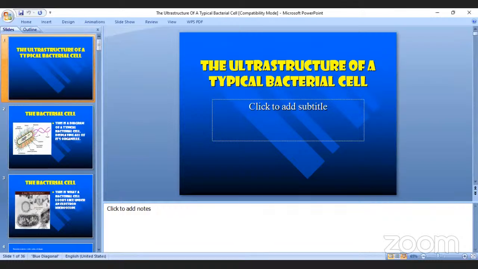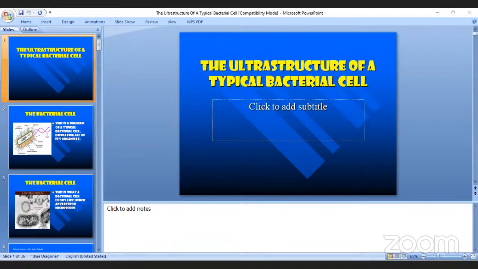Right. The very important questions in the bacteria unit: you should read each and every topic. The first most important topic is bacteria ultrastructure. Bacteria ultrastructure means bacterial cell structure, because it is unicellular. The next important question is bacteria reproduction.